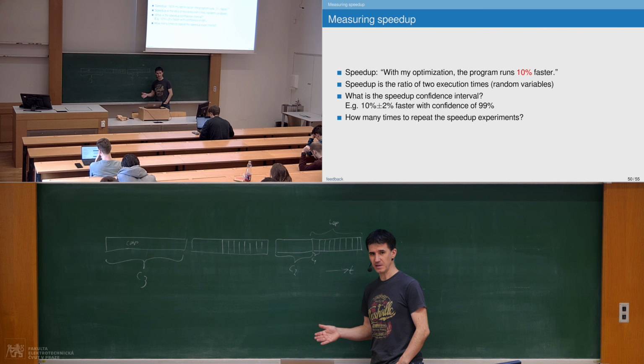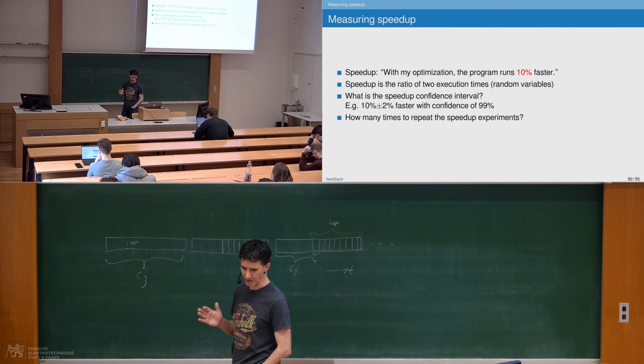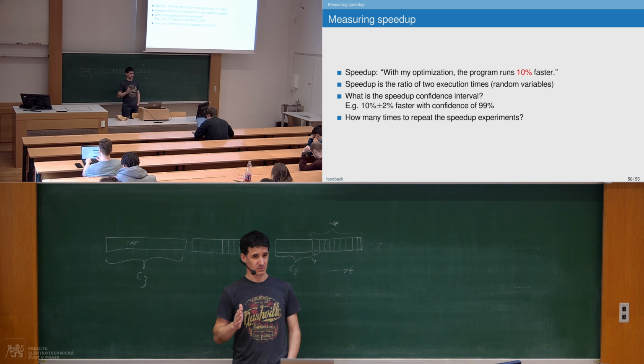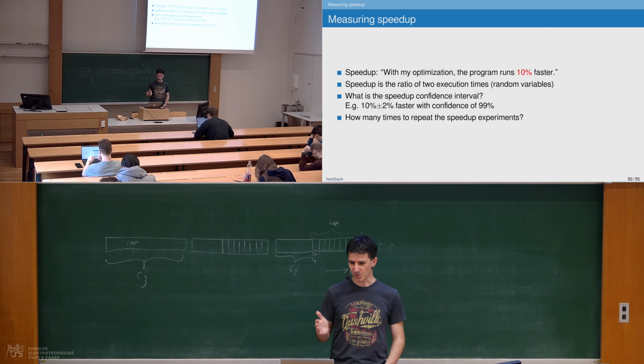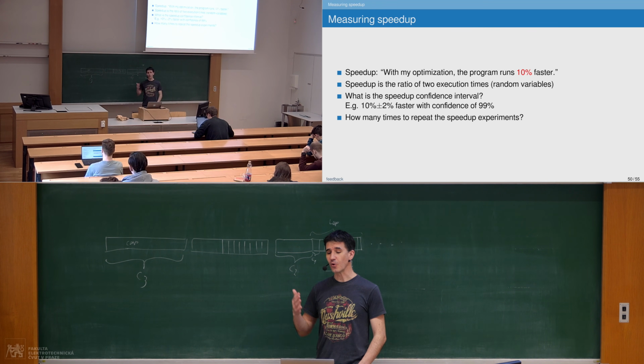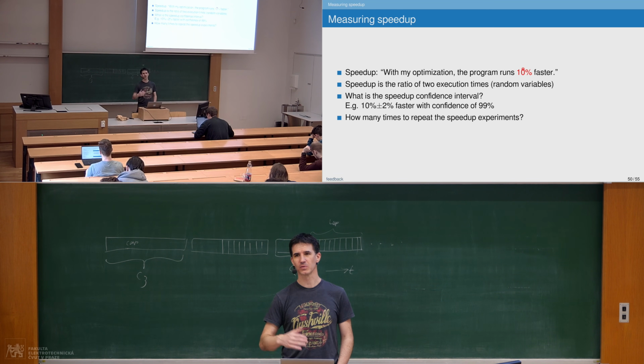We want to say we have made our program run 10% faster. How can we know whether it's 10% or 5%? We have to measure it, and since we are measuring it, it's imprecise. So we want not only to know how much faster the program is, but what is the precision of this number.